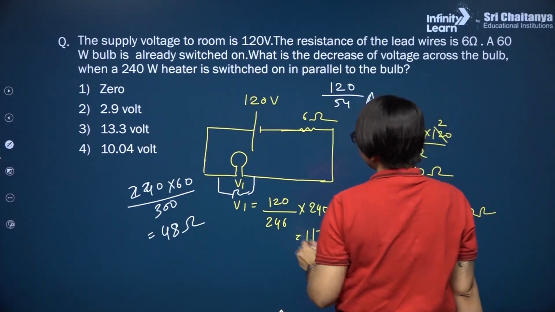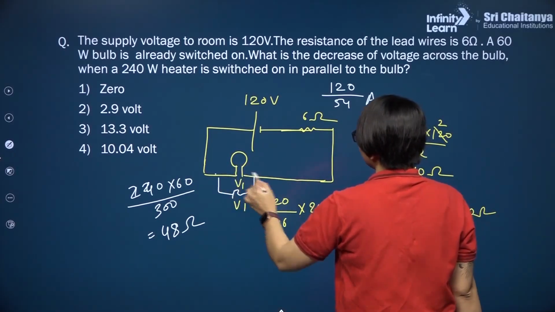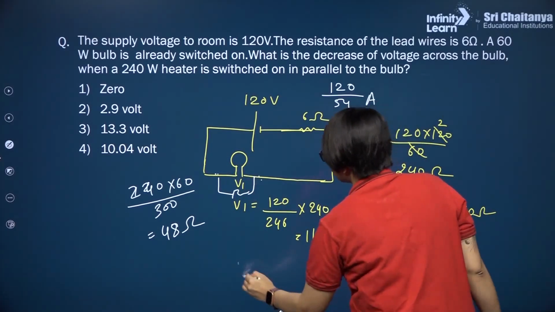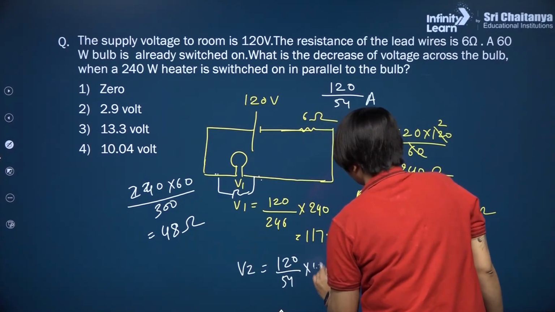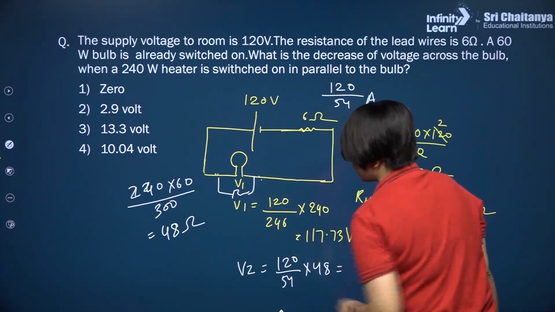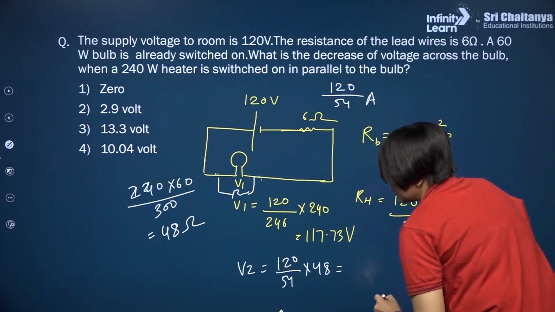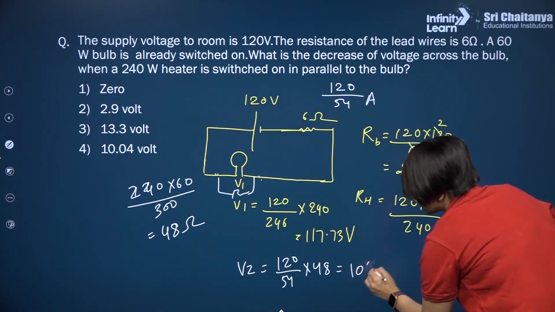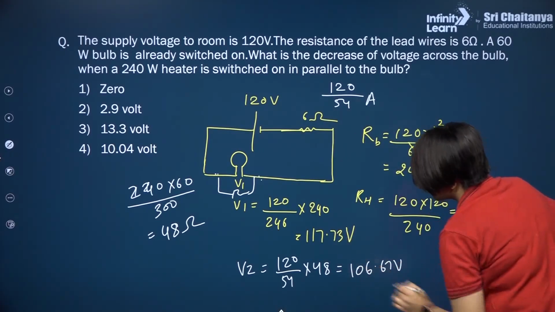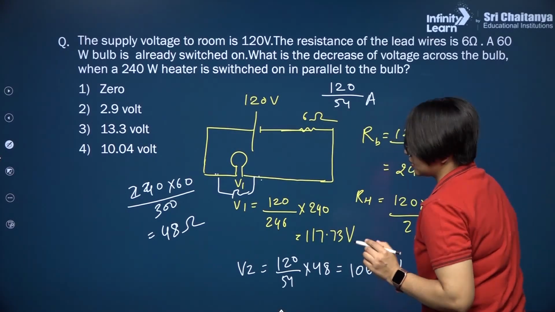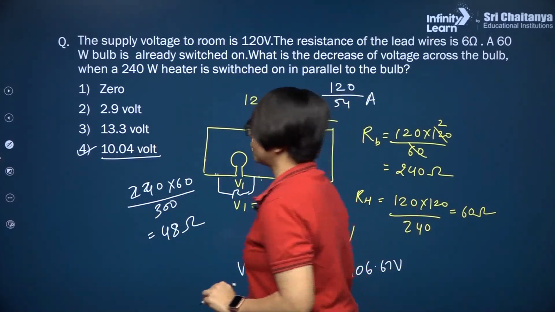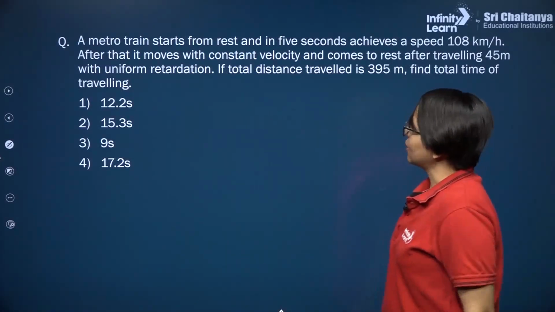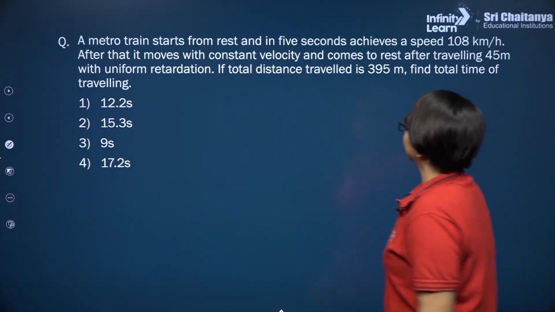Now this current into this equivalent resistance will be the potential difference across these two. So V2 is 120 divided by 54 into 48, which gives the new potential difference across the bulb, equal to 106.67 volts. So when you subtract this, you get the change in potential, that is 10.10 volts, option 4.